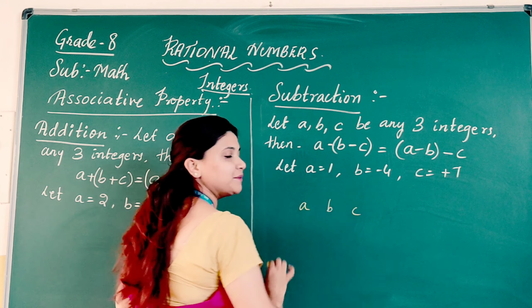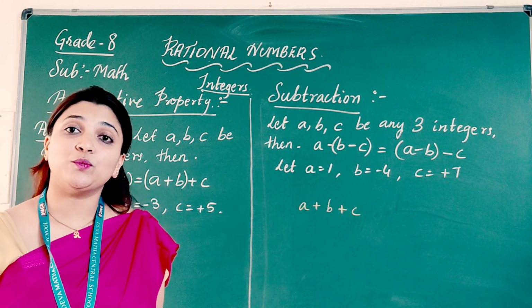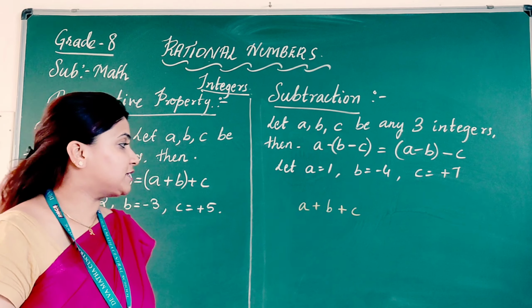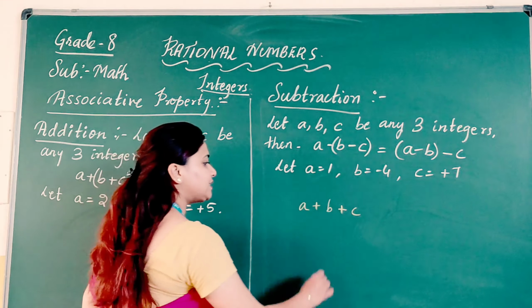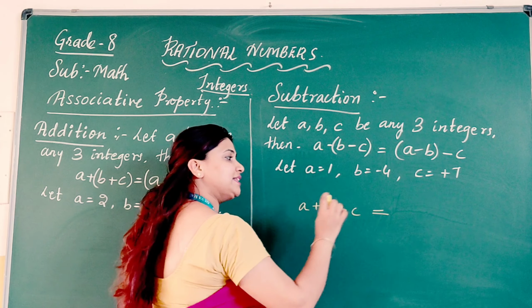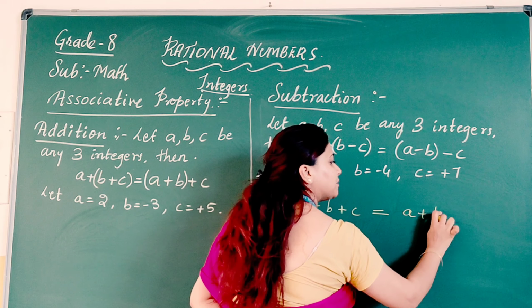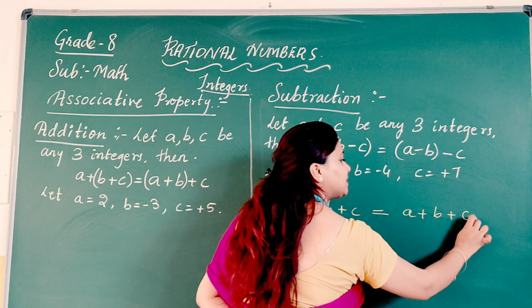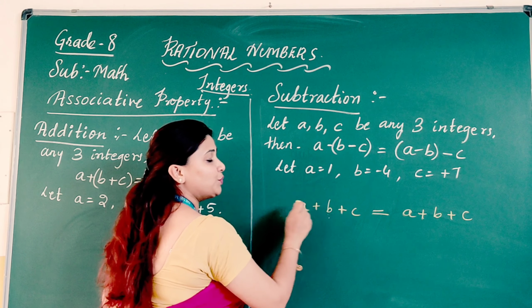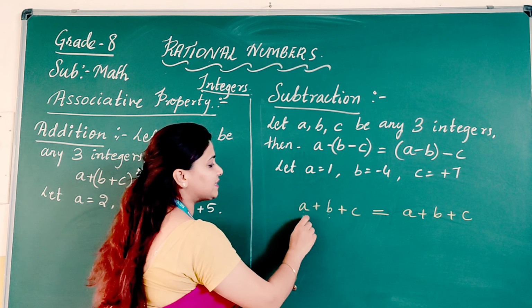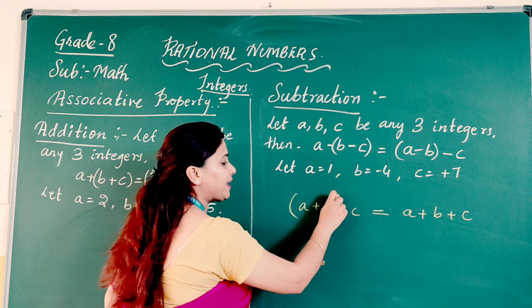What I did, I put a plus sign between them because I am dealing with addition: A plus B plus C. This is equal to, again the same thing, A plus B plus C. Now, for the first two letters, A and B, I put a bracket.